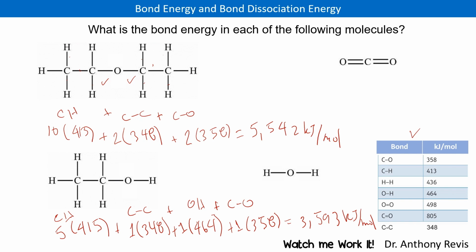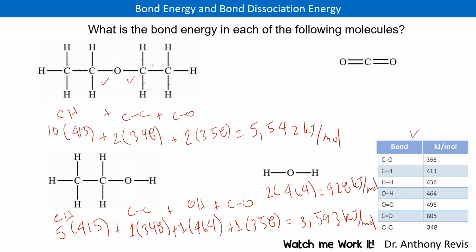Now if we go up to water, let's just do water. In water we only have oxygen and hydrogen bonds. So we have an HO bond there, and we have 2 of them. So this is going to be just 2 times the value of that. That's not too challenging. And that's going to be 92.8 kilojoules per mole.